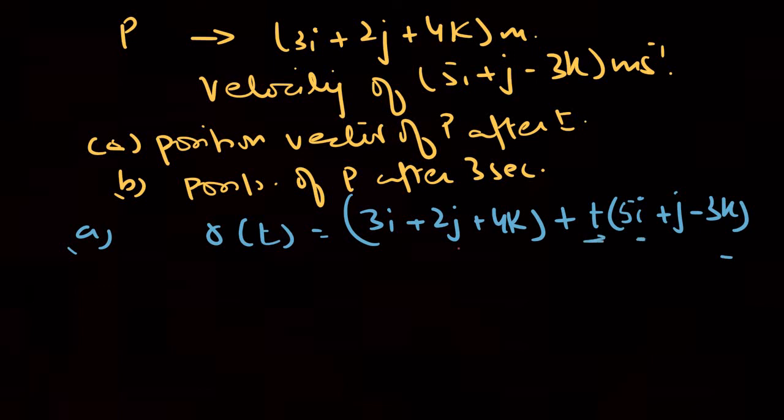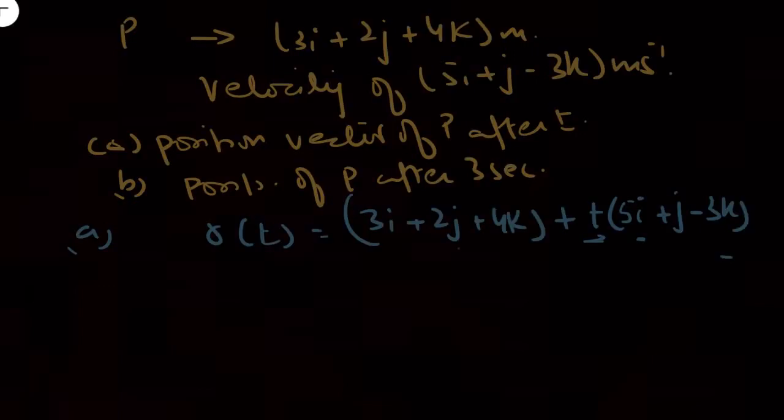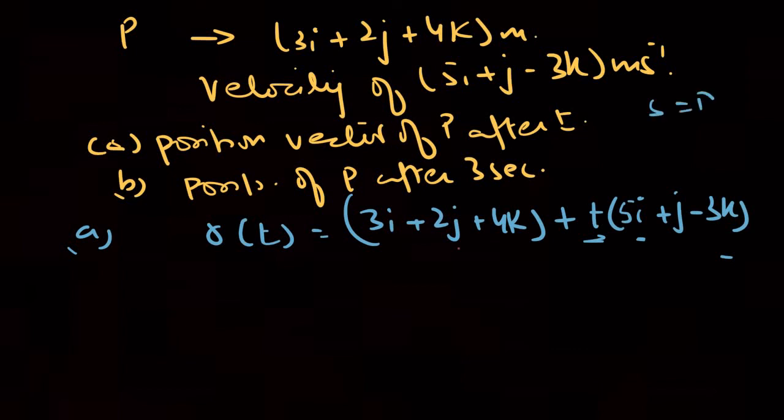If you recall, speed is equal to distance over time. So in order to convert to distance, we multiply speed into t, which equals distance. Since this is velocity, it becomes displacement.